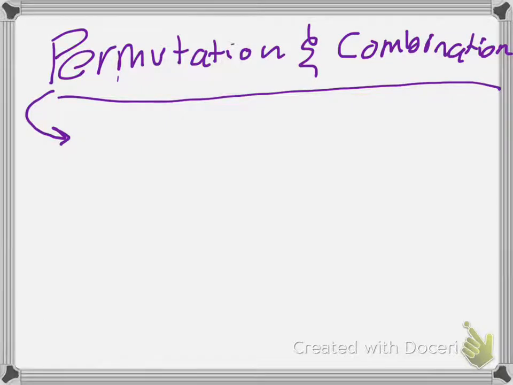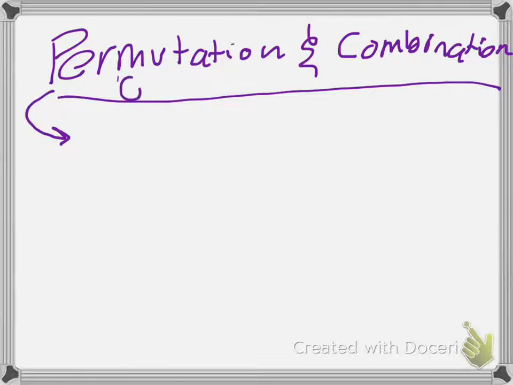So, our second part of this video is about permutations and combinations. These are two types of possibilities that could come out of it. For permutation, the order of how a possibility will be determined matters.